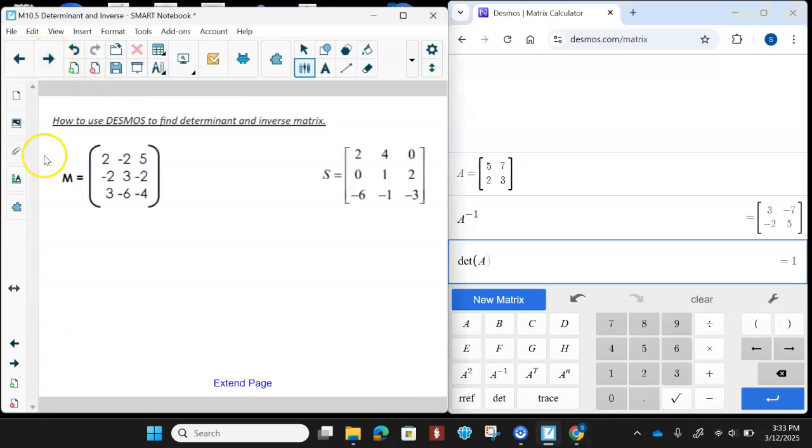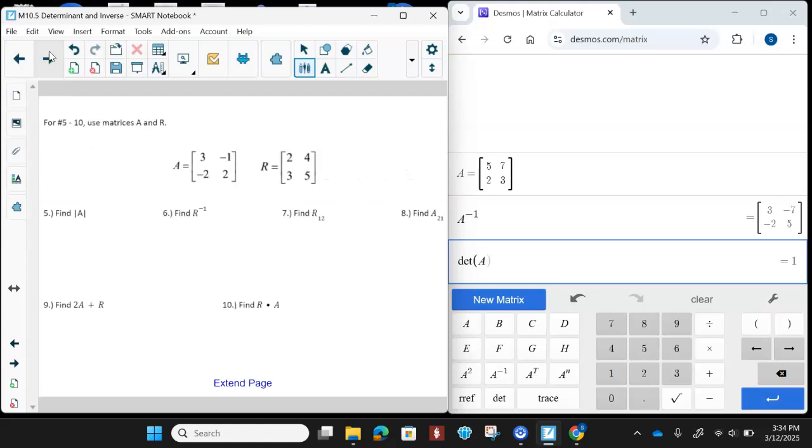Even if you wanted to do a 3 by 3, you can use the Desmos calculator here and get that information. So in the video, make sure that you're good to go with the notation. I'll give you the chance to get your calculator set up. I'll go over these questions to make sure you're good to go with all of our notation here.